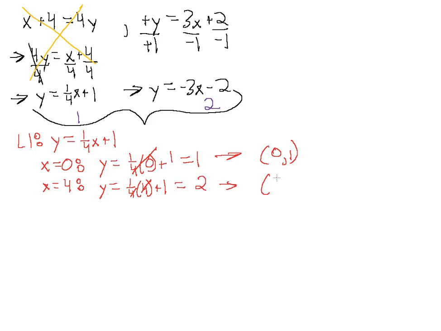That gives us our second point of 4, 2. Let's use minus 4 to get our third point. We always want to incorporate a negative and a positive when we're working with our x values. So y equals 1/4 times minus 4.